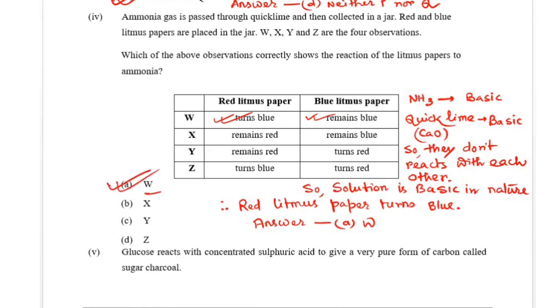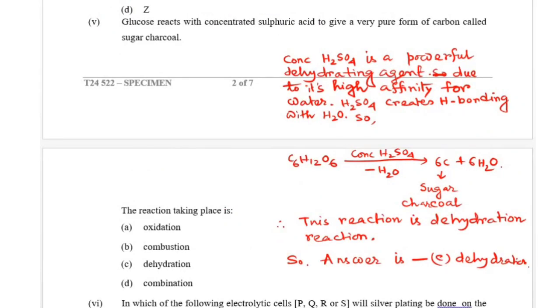Okay. Let us go to the next question. Glucose reacts with concentrated sulfuric acid to give a very pure form of carbon called sugar charcoal. The reaction taking place is... We know that concentrated sulfuric acid is a powerful dehydrating agent. Due to its high affinity for water, it forms hydrogen bonding with water.